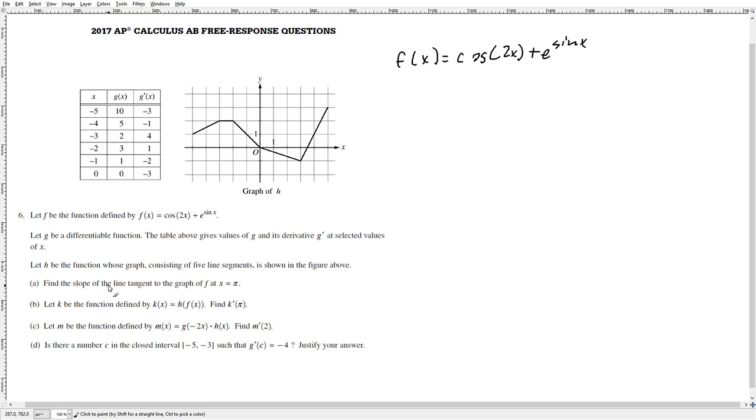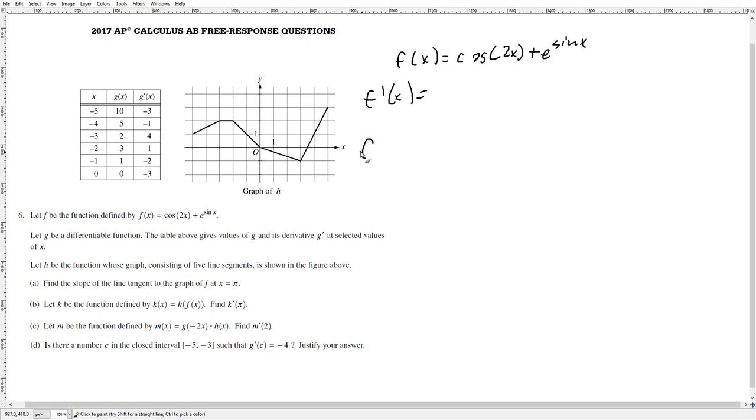Now we need to find the slope of the line, and in order to find that, we need to find the derivative, f prime of x. We encounter the first part of the equation, which is cosine 2x. In order to find the derivative of this, we need the chain rule that we learned at the beginning of this calculus course.